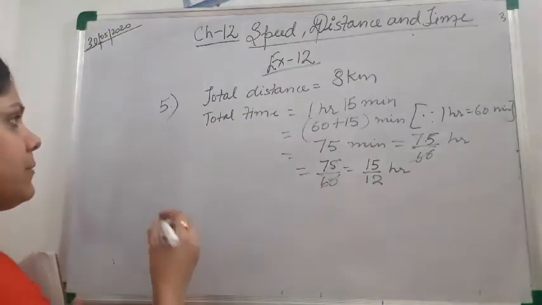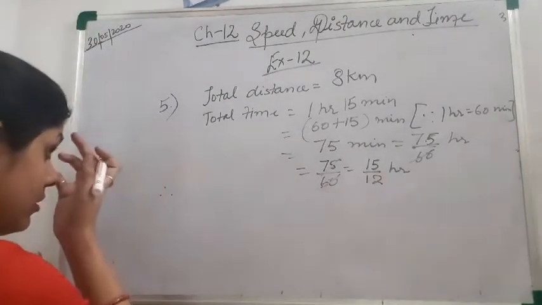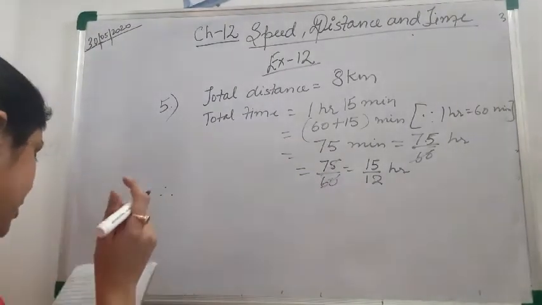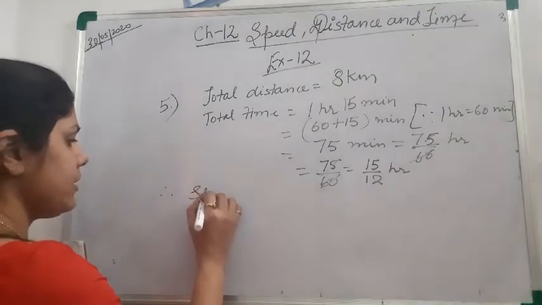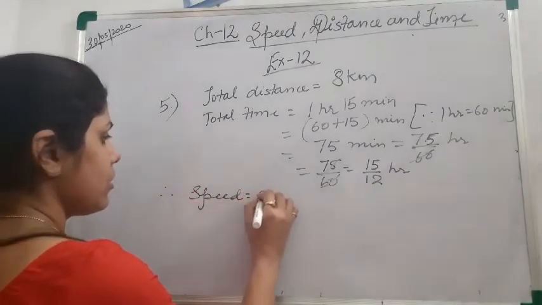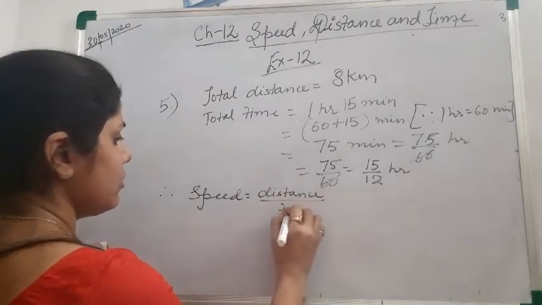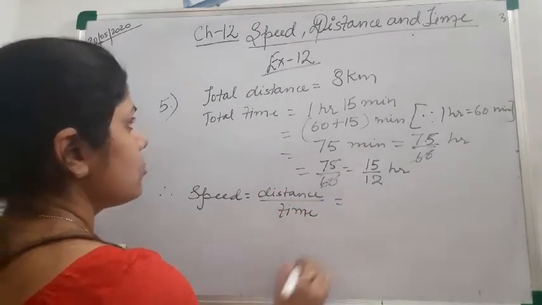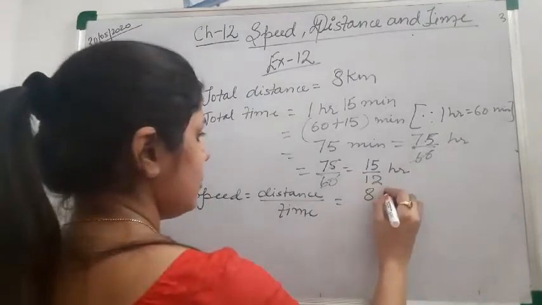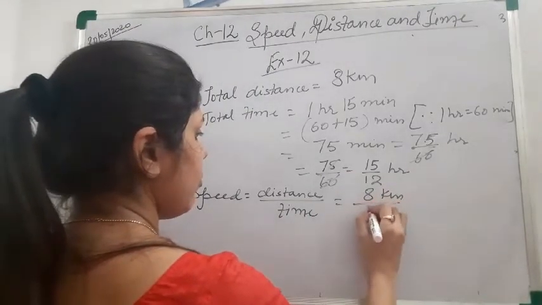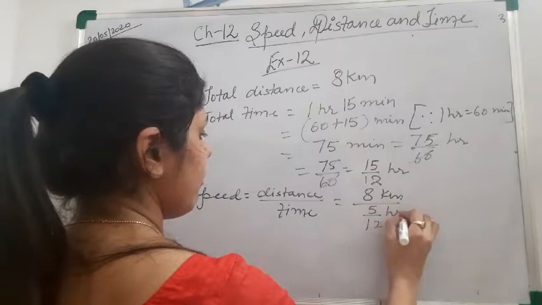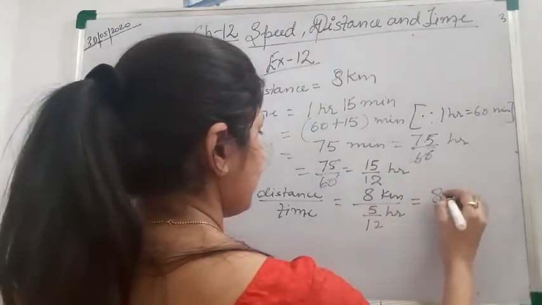15 upon 12 hour. Therefore, you have to take out speed. Therefore, speed is equals to distance upon time. Distance is how much? 8 kilometer. 8 kilometer upon 15 upon 12 hour.